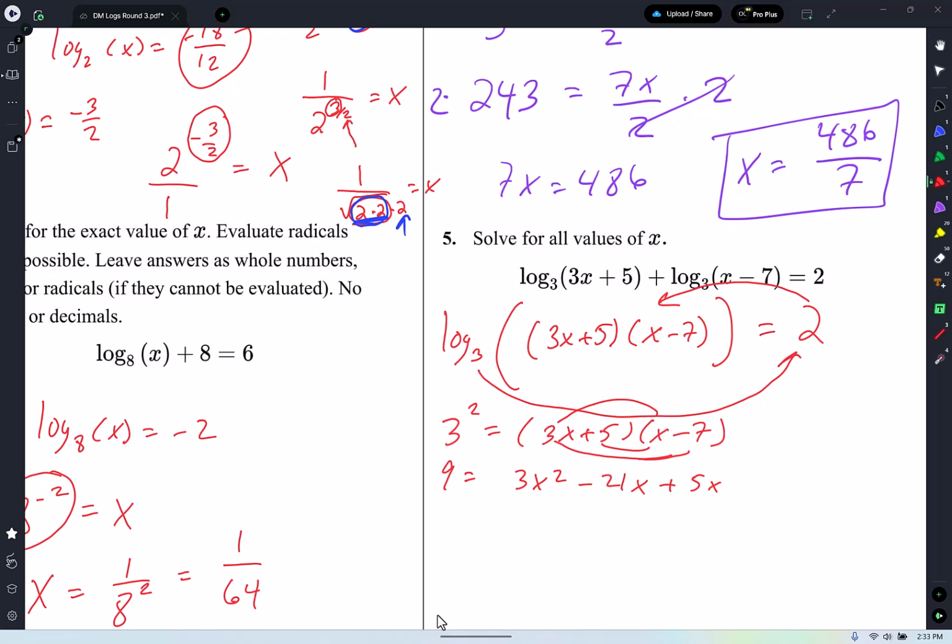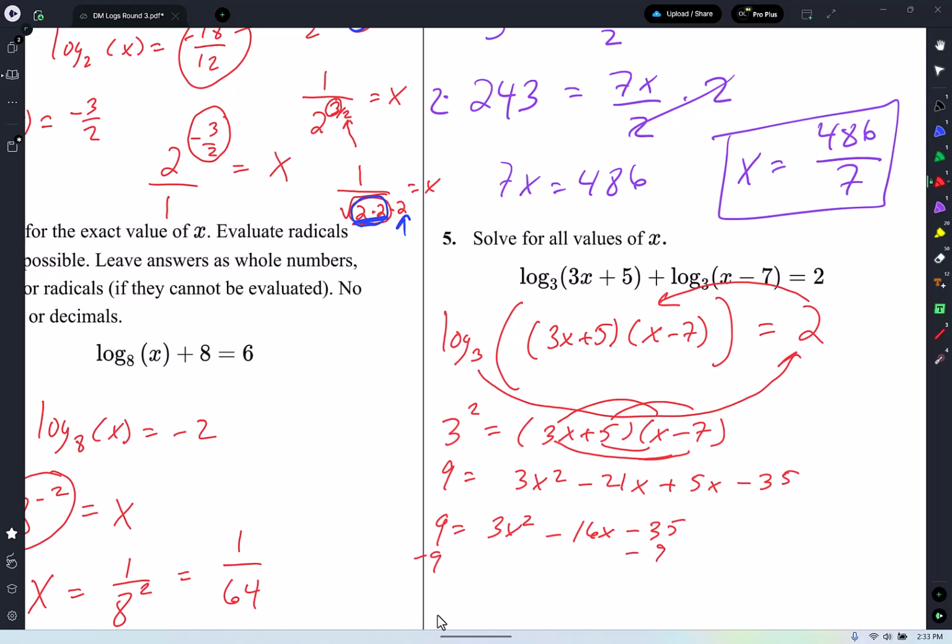I turned it into an exponent. 5 times negative 7, what's that? Negative 35. Combine like terms. 9 equals 3x squared minus 16x minus 35.